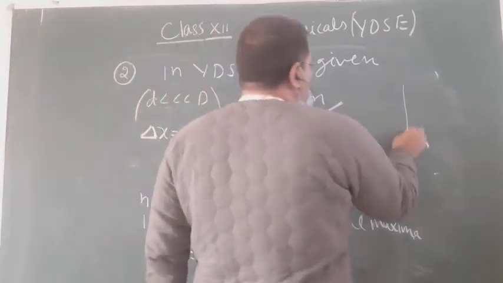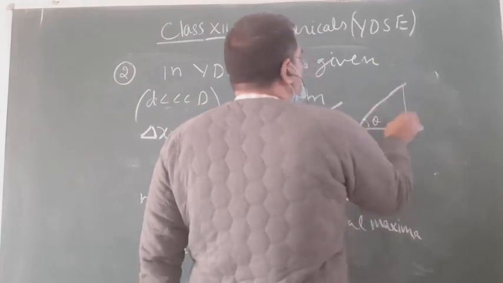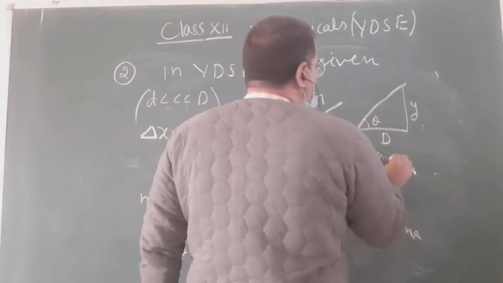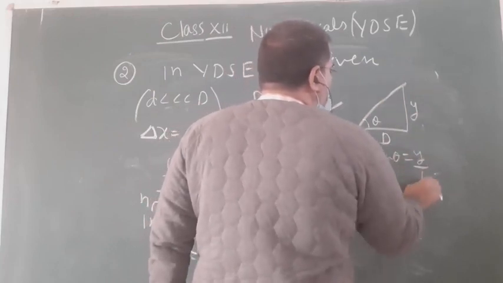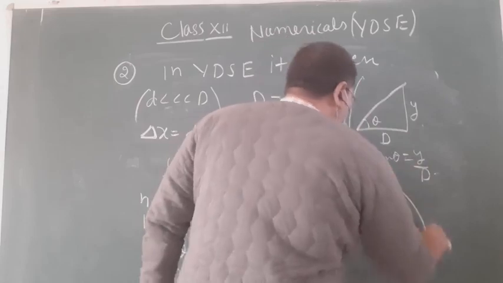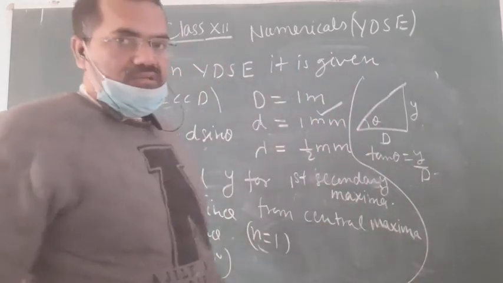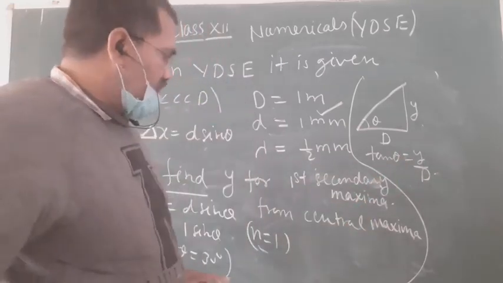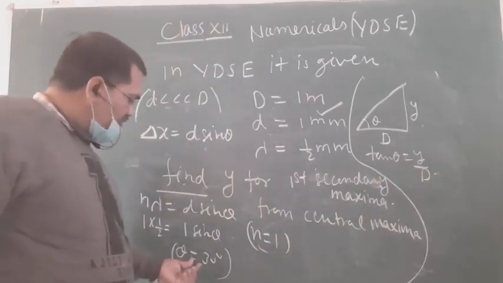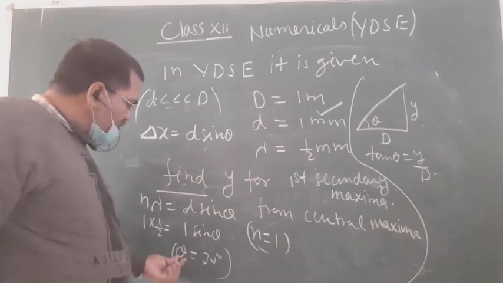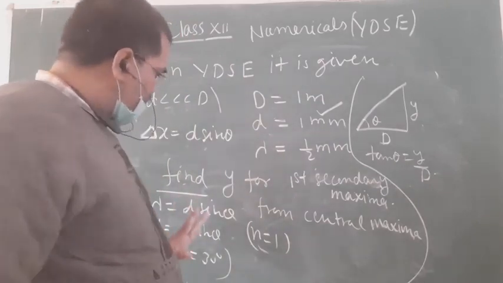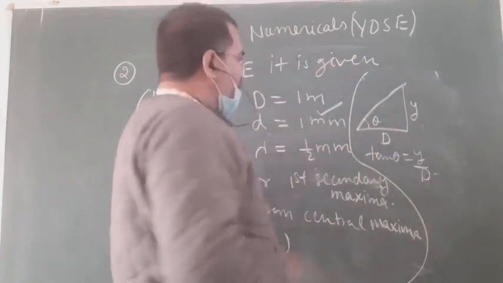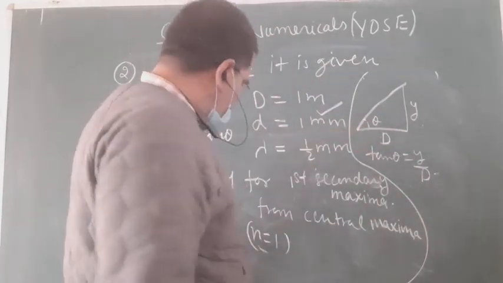And we know that this is theta, this is y, and this is capital D. So tan theta equal to y by D. So we will find out y here. As theta is given, we can also find tan theta.